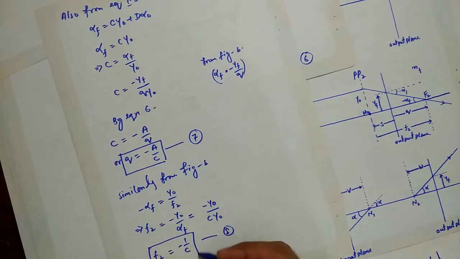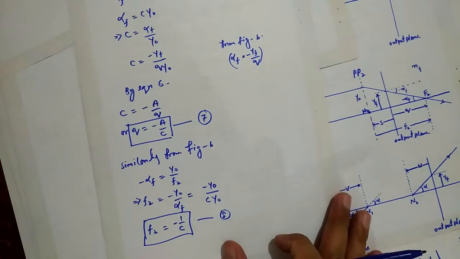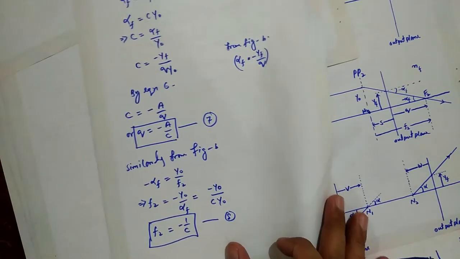So this is the position of f2 with respect to the back principal plane, and this is given in terms of the element of the system matrix.